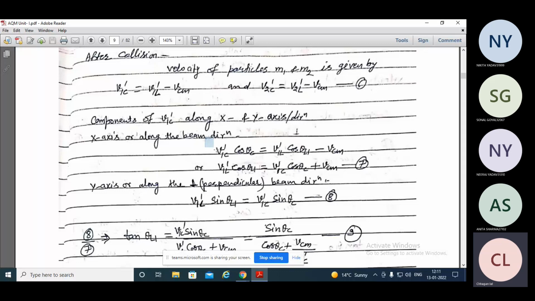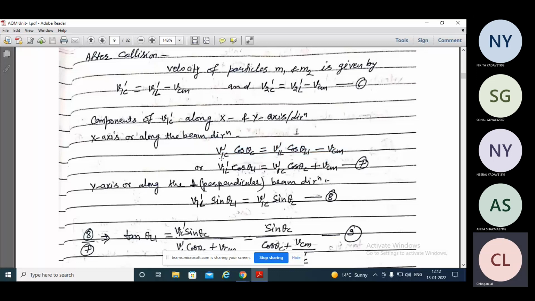Here we consider the center of mass only along the x-axis, so that's why VCM is coming in the x component, and the y component of the center of mass is 0.